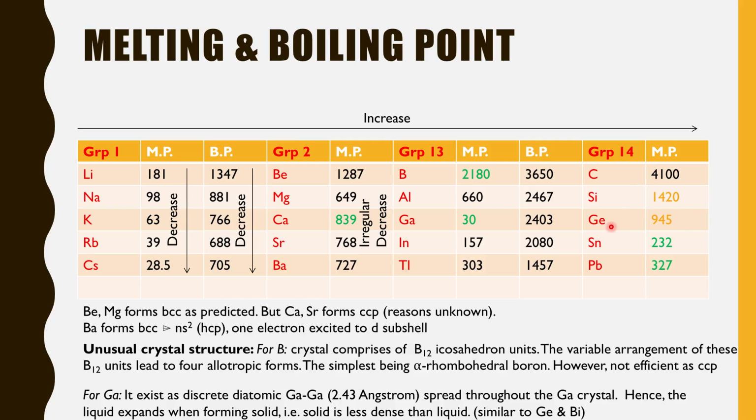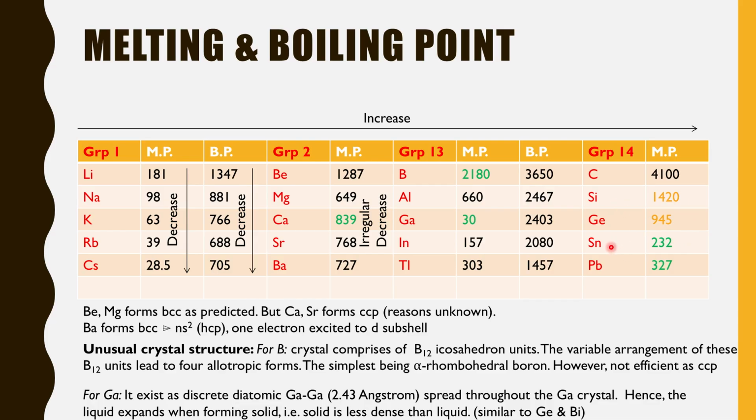That is because silicon and germanium form a crystal structure similar to that of carbon, the diamond crystal structure. And the diamond crystal structure, because it involves covalent bonding, is pretty strong, and that is why you see comparatively higher melting points in the case of silicon and germanium.